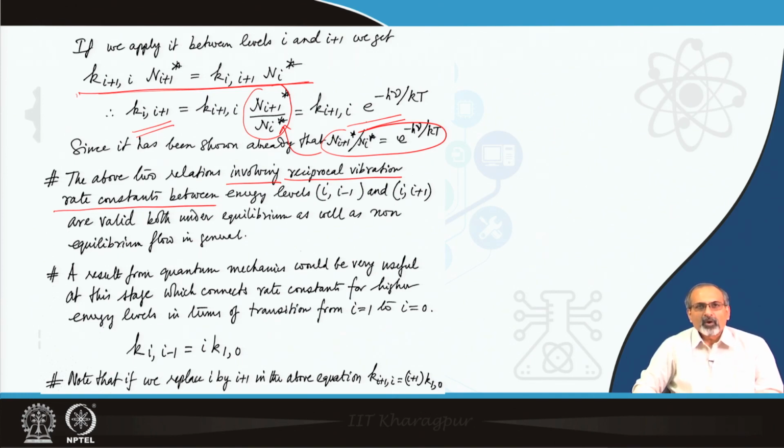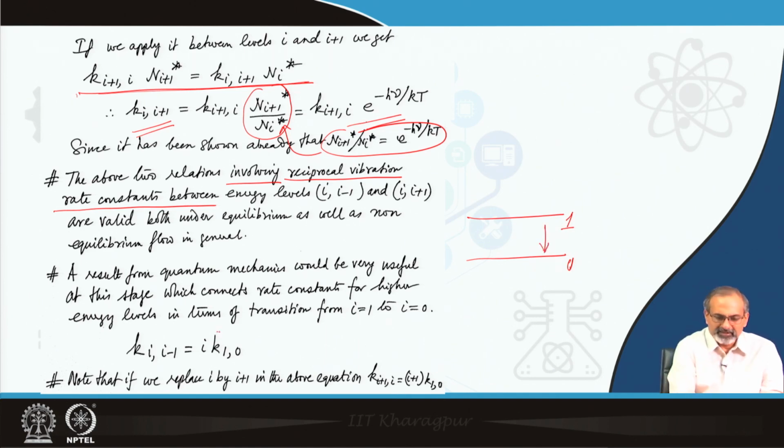A result from quantum mechanics would be very useful at this point, which connects rate constants for higher energy levels in terms of transition from I equal to 1 to I equal to 0. So, that is basically the lowest possible energy level transition that we are talking about, when you are moving from I equal to 1 to I equal to 0.